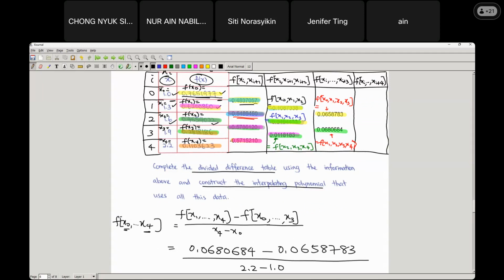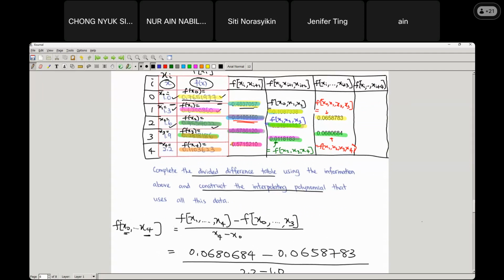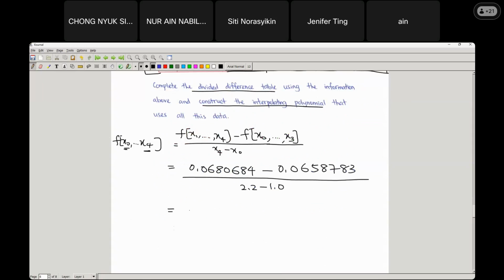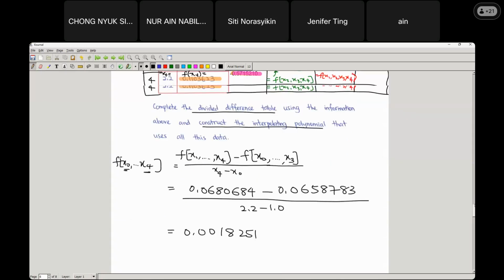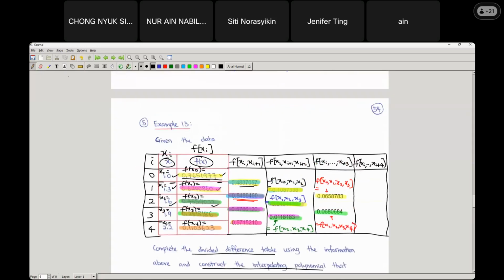So I obtain that this is equal to 0.0018251.